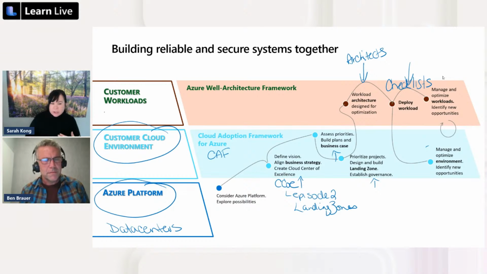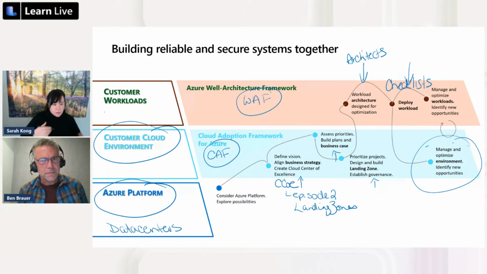One of the things you'll really see with the CAF and the WAF, the well-architected framework, is that they overlap, and they work together, right? So the cloud adoption framework is not just something you start with and then put aside once you start deploying workloads. It's definitely something that you will continue to use.